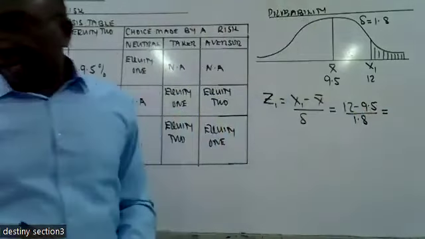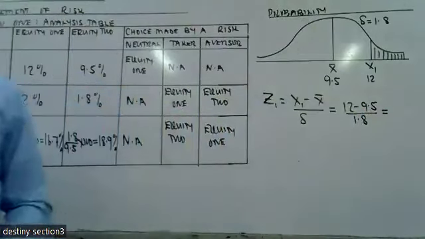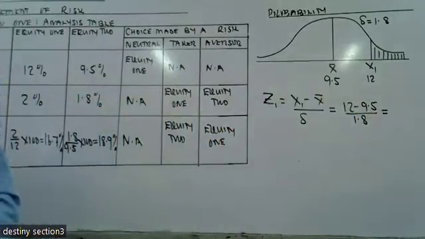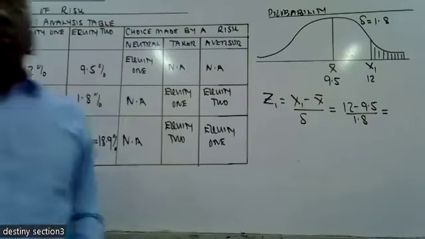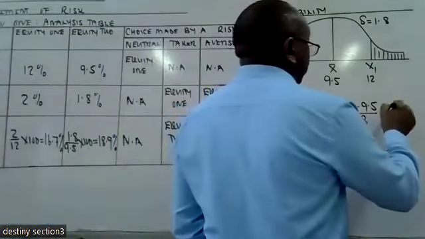Give me the value of Z to 2 decimals. 1.39.